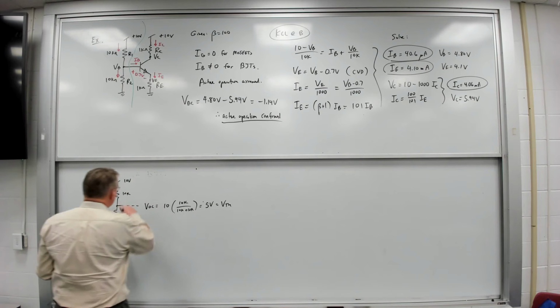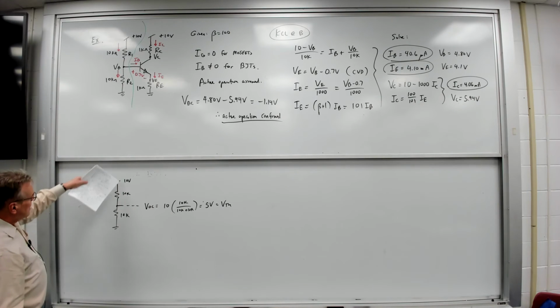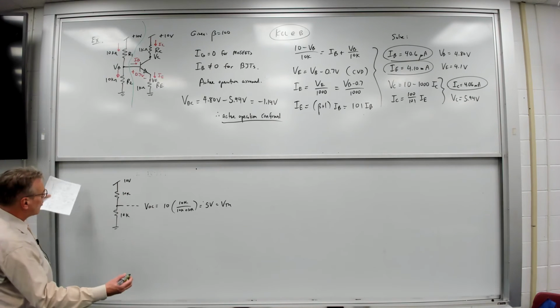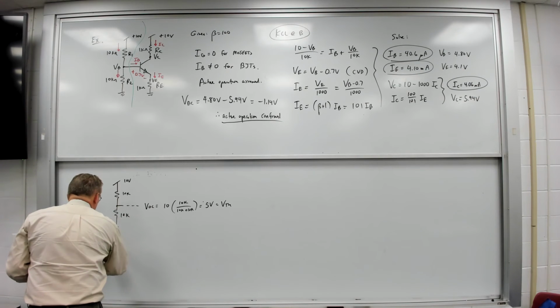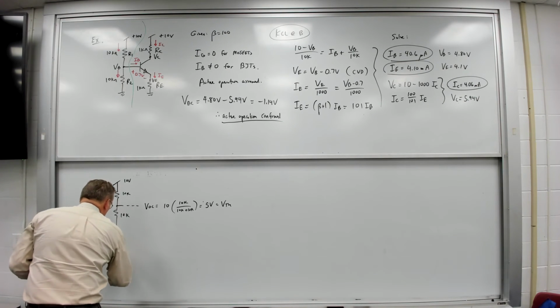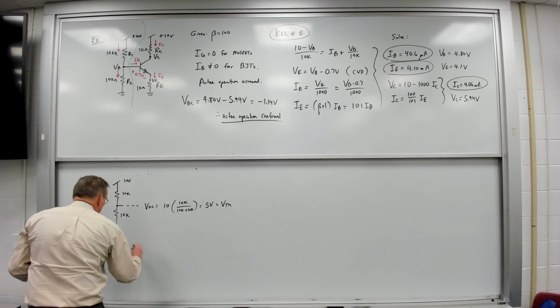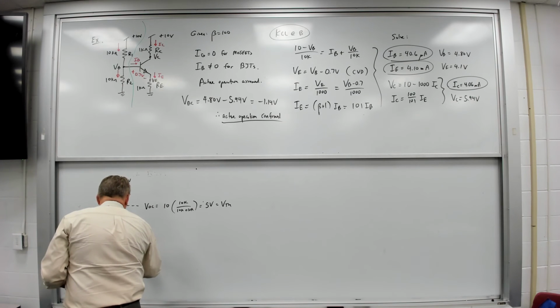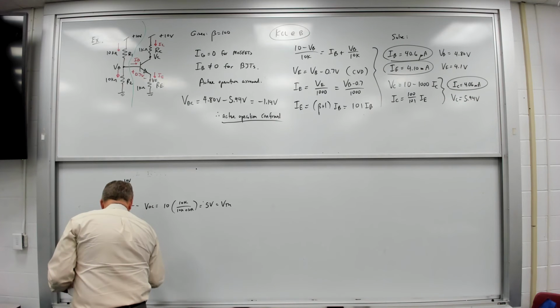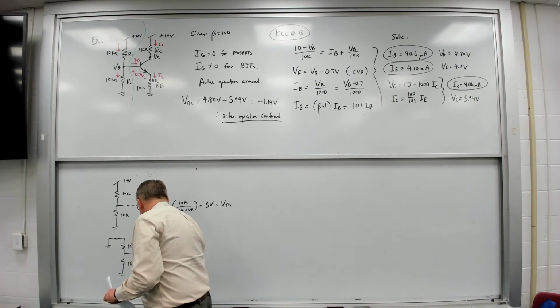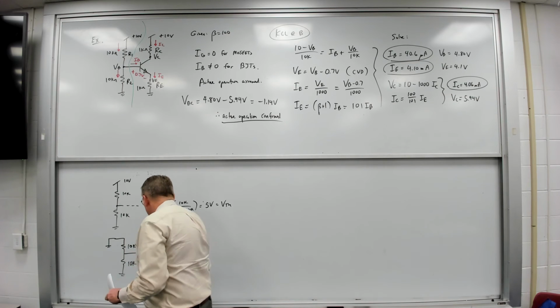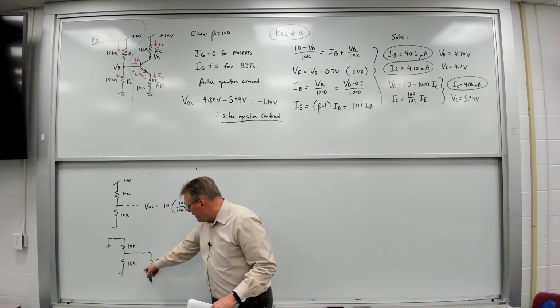And for my Thevenin equivalent resistance, there's a 10 volt source. I'm just going to ground that, set it equal to 0. And I'll ask, what is the resistance looking in between ground and this node?